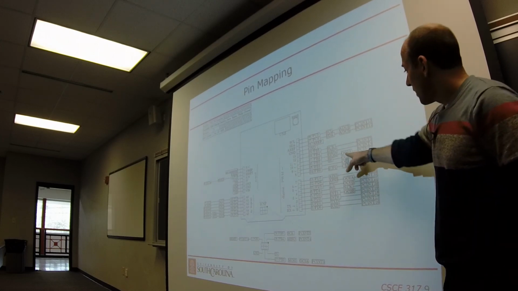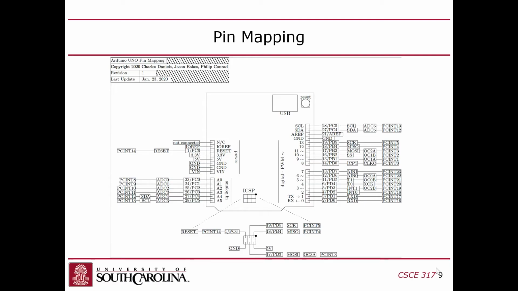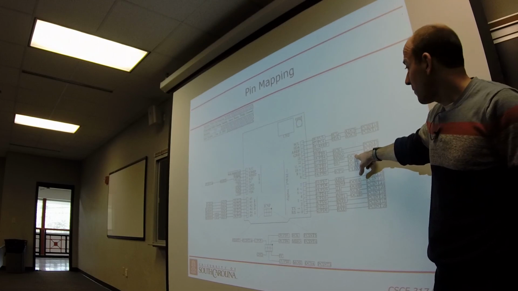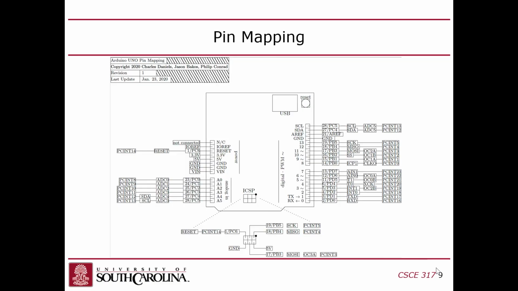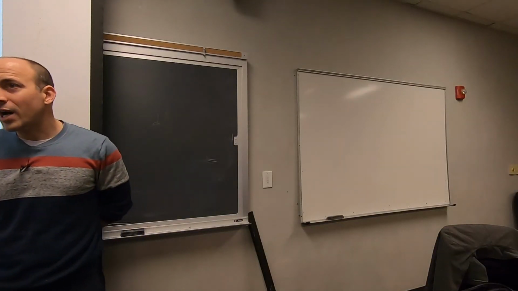But the problem is this one, OC2A, which is the first PWM output of counter 2, shares the same pin as MOSI, which means that you cannot talk to the accelerometer over SPI and get access to all 6 hardware PWMs. That's the reason why we're having you do software. Does that make sense? So I was trying to fix that.